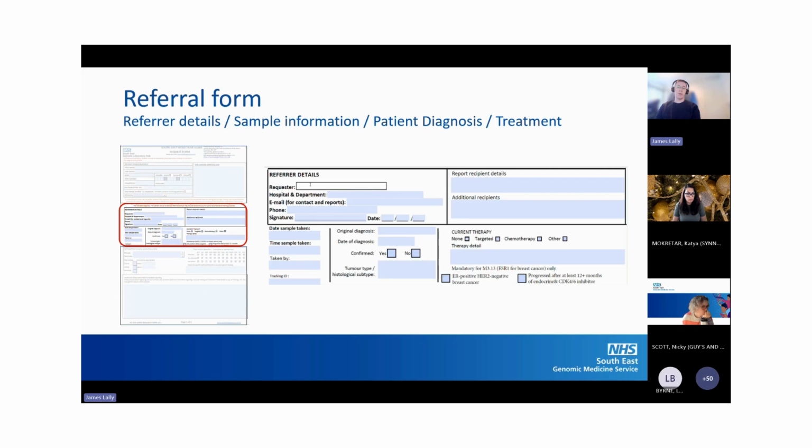For patients being referred for M3.13 ctDNA breast cancer testing, you must indicate on the tick boxes whether the patient has ER-positive, HER2-negative breast cancer and that they have had progression after at least 12 months of endocrine and CDK4/6 inhibitors. Any previous chemotherapy and the number of treatments should also be indicated for these patients.